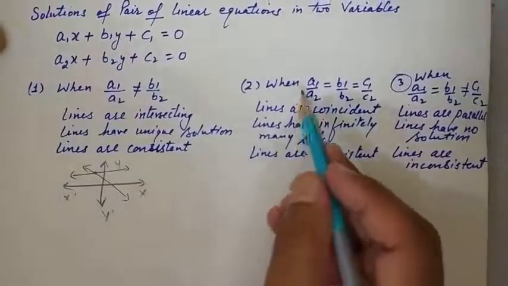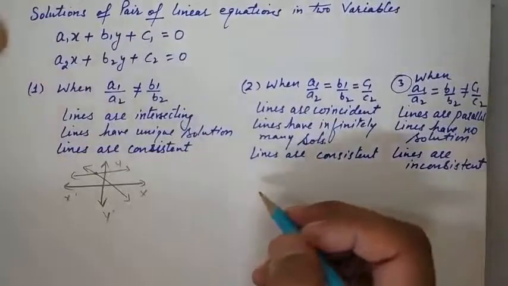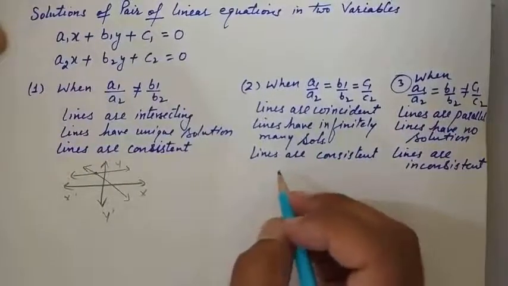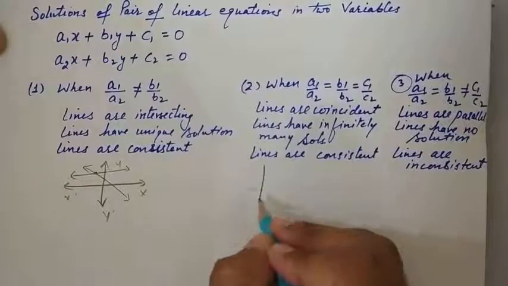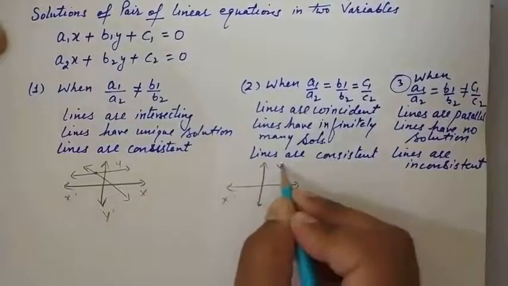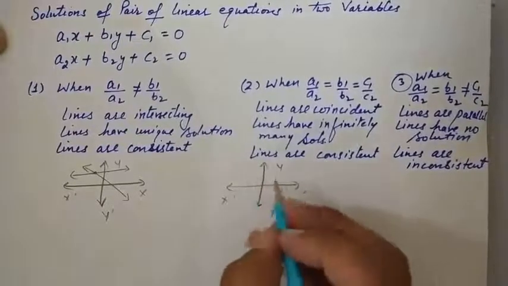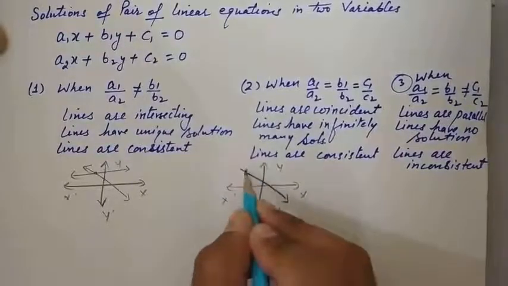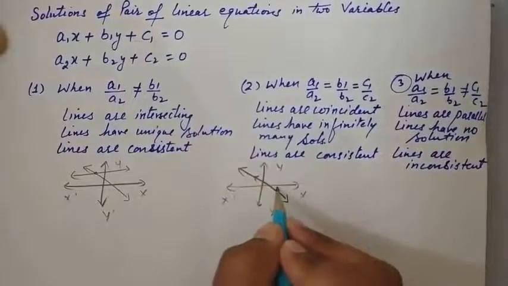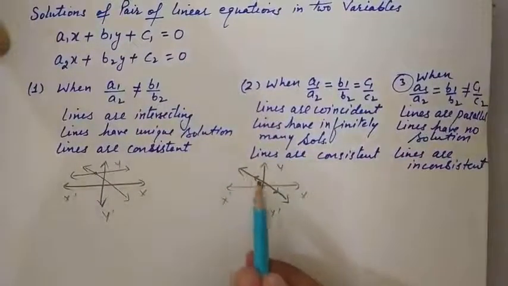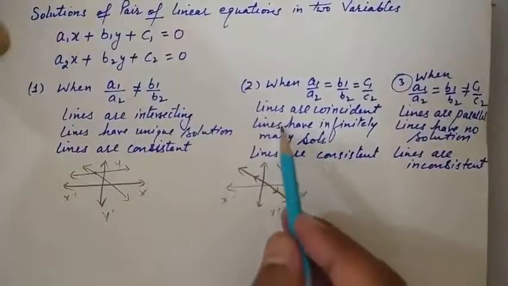Now in the second case, when a1 over a2 is equal to b1 over b2 is equal to c1 over c2, the lines are coincident. Suppose these are axes. Suppose this is one line and the second line is also on this. Since these two lines have infinitely many common points, it has many solutions.